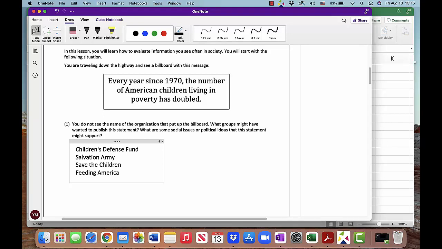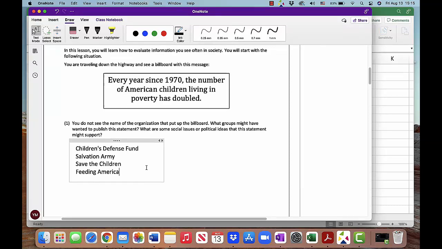Now, you might also ask yourself the question, why would somebody post a billboard, which, like any advertisement, costs money? What is the purpose of this? Maybe somebody is trying to raise awareness of the importance of this situation, where we want to address poverty among children in the United States.